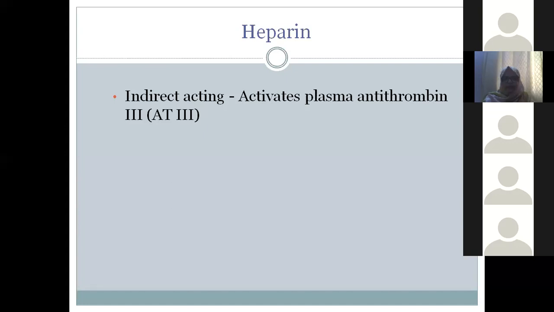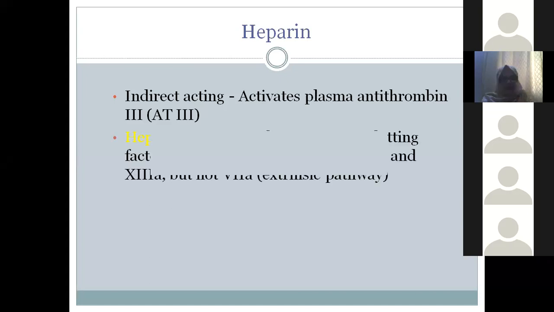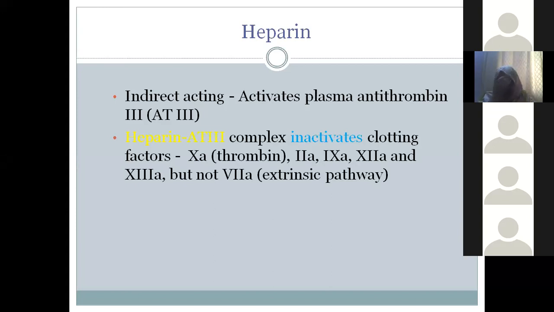Heparin is indirect acting, anticoagulating via plasma antithrombin, right? Heparin-antithrombin 3 complex inactivates the clotting factors 10A, 2A, 9, 12, and 13, but not 7A. 7A is the extrinsic pathway.